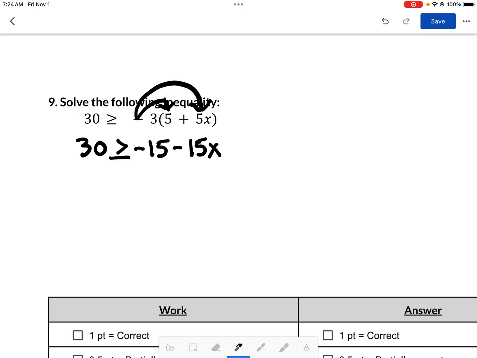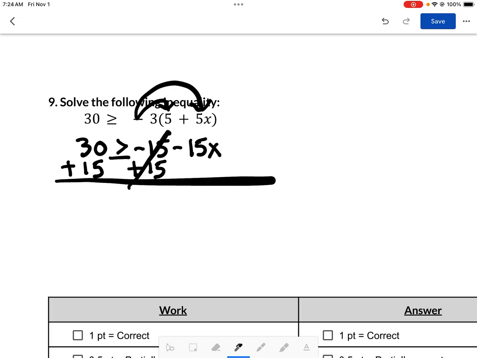Now I want to get this x by itself, but in order to do that, I have to get my like terms together. So I'm going to add these numbers here. 30 plus 15 is 45. Bring down my inequality sign, and now I'm left with -15x. Now that I've combined my like terms, I'm going to divide, right, because the opposite of multiplication is division, and that -15 and x are being multiplied.